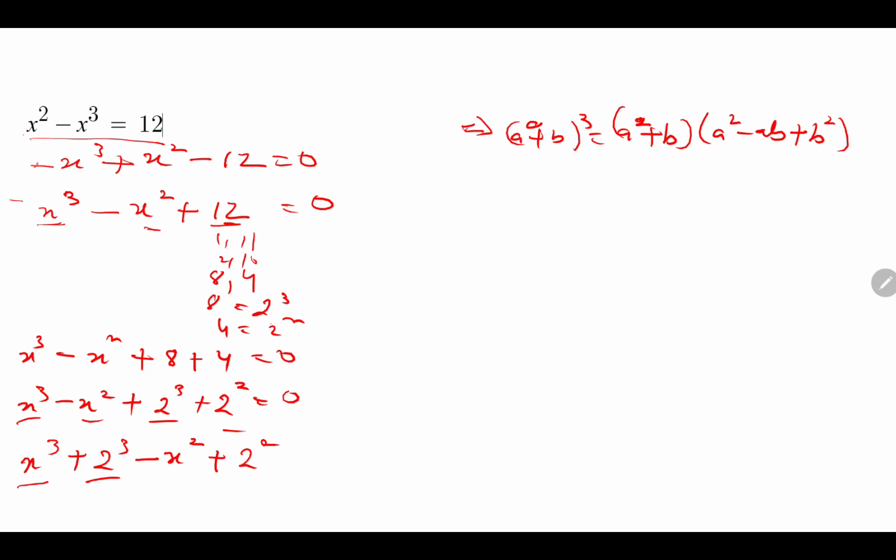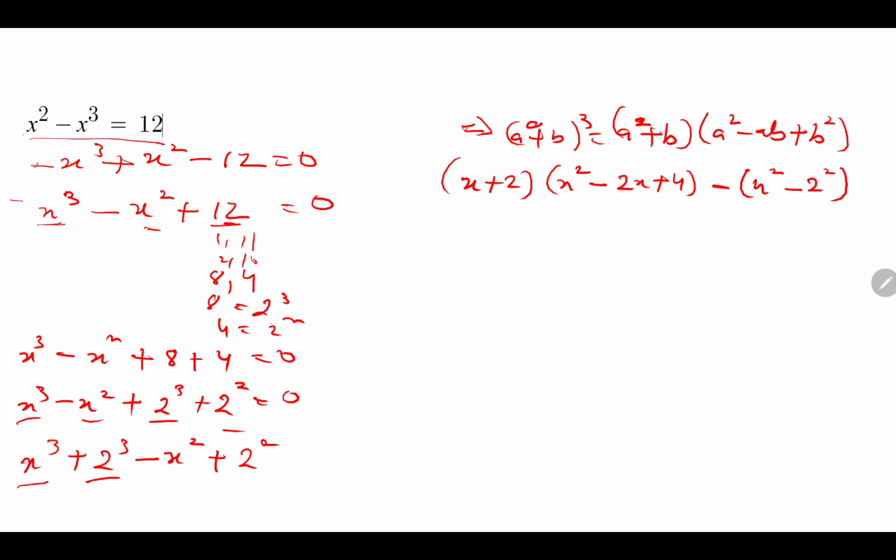So we will break this into the same form. It would be x plus 2 and then x square minus 2x plus 4. And this other part we can write as x square minus 2 square.